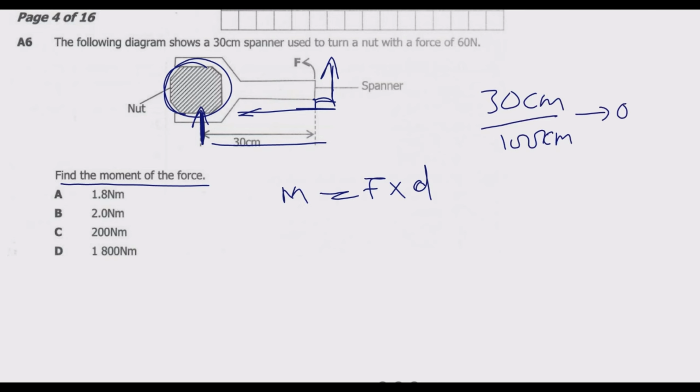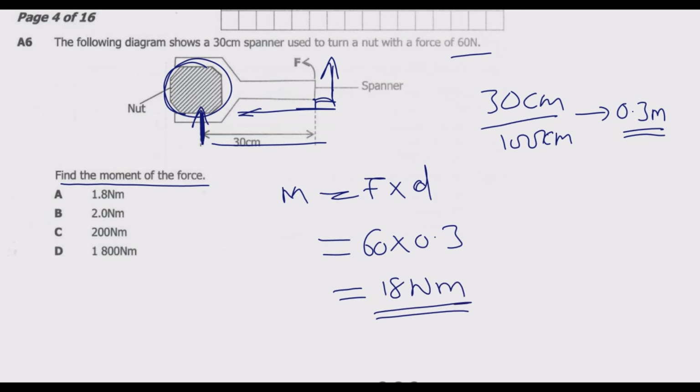We end up with 0.3 meters. Remember, distance should be in meters. Then the force is 60 newtons, so we have 60 multiplied by 0.3. We end up with 18 newton meters as the moment of force.